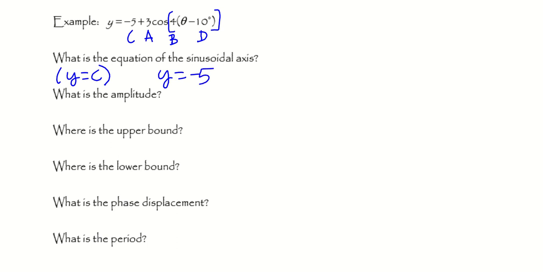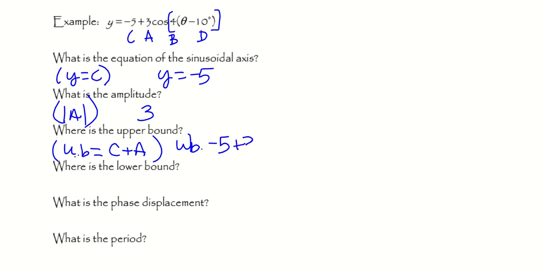What is the amplitude? Well, the amplitude is always the absolute value of A. So our amplitude is 3. Where is the upper bound? Your upper bound is always your C plus your A. So for us, our upper bound is -5 plus 3, or -2. So my upper bound is the line y equals -2.